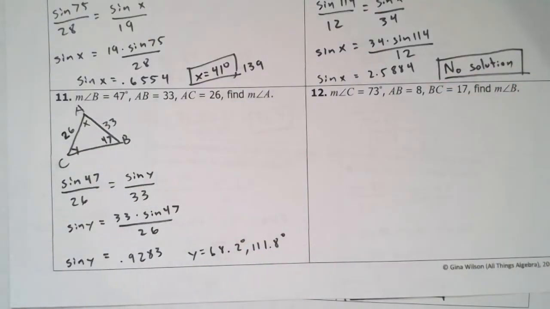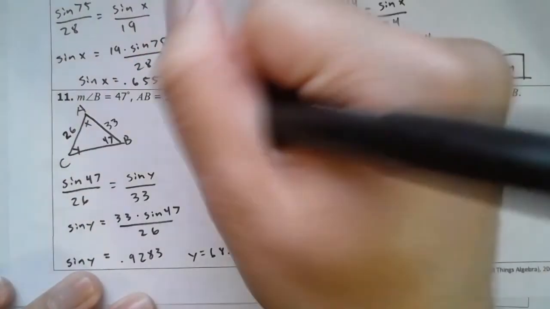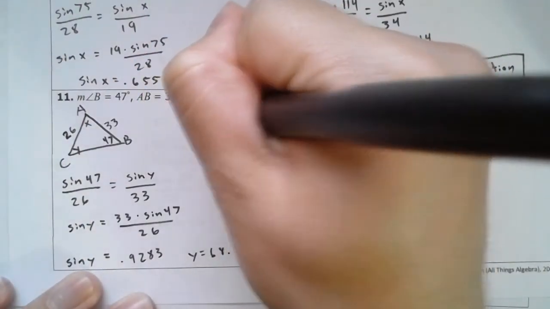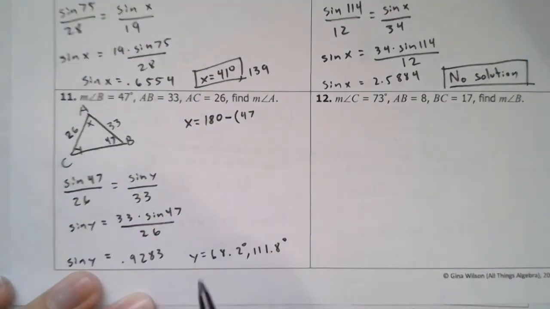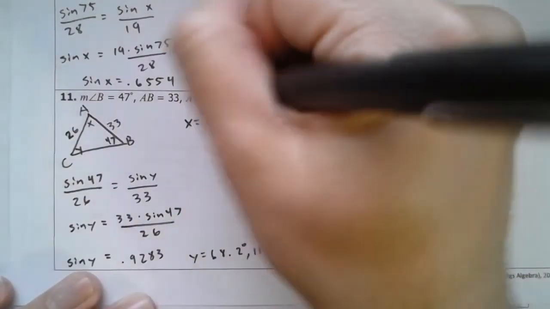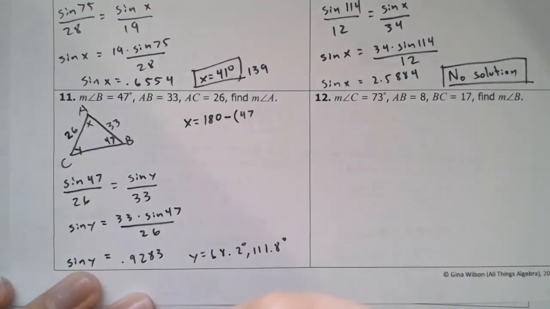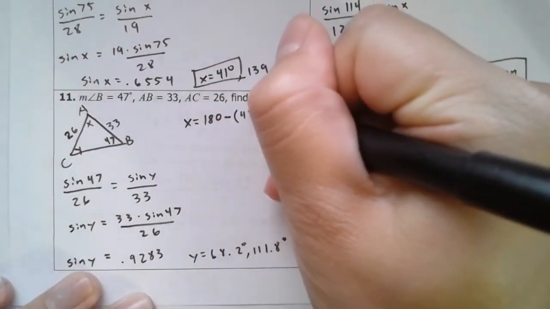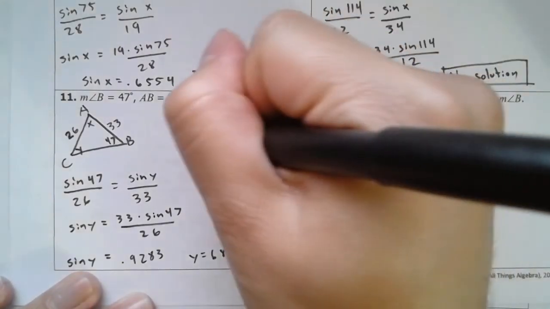But I'm going to use these two possible solutions for Y to be able to find X. So how would I go about it? X also has two possible solutions, right? 180 minus 47 degrees, because that's the one that's given, minus this one because it's a possible solution for Y as well. So this would be plus 68.2, right? You add these two up and you get one possible solution.